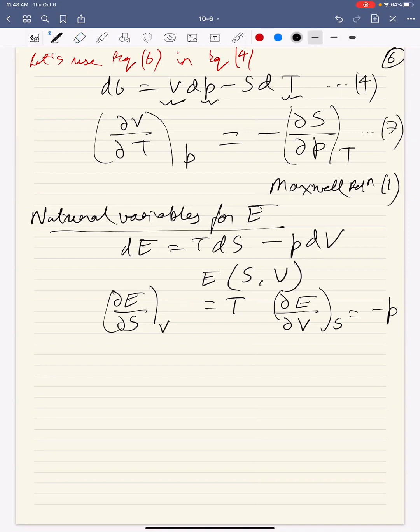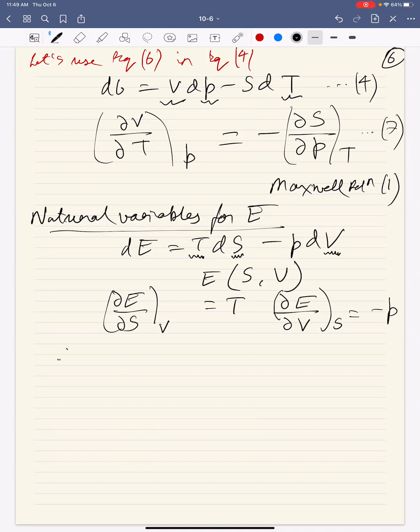Now let's do the Maxwell relation. This thing differentiated with respect to this thing at constant this thing. And I hope today the video is working. Otherwise, it will be like, what is this thing? Who knows?